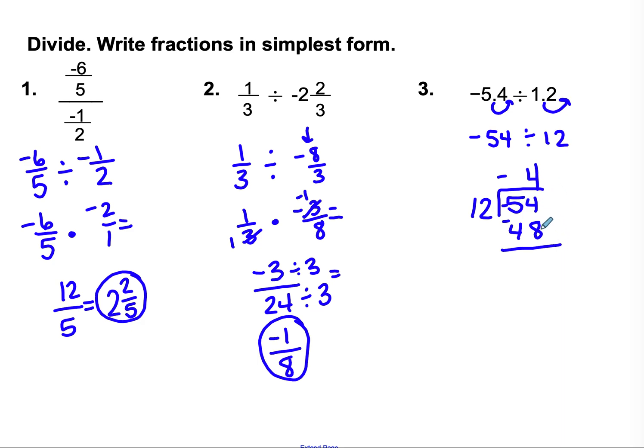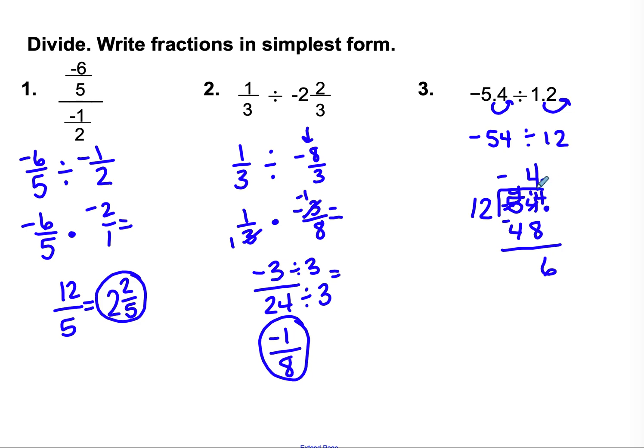Okay, we're going to subtract 4 minus 8. Takes me into the negative, so I'm going to borrow. That will be a 4. This will be a 14. 14 minus 8 is 6. 4 minus 4 is 0. Because this is a decimal problem, I don't want to say negative 4 and 6/12. I started with decimals. I need to end with decimals. So I'm going to add a 0 and a decimal.